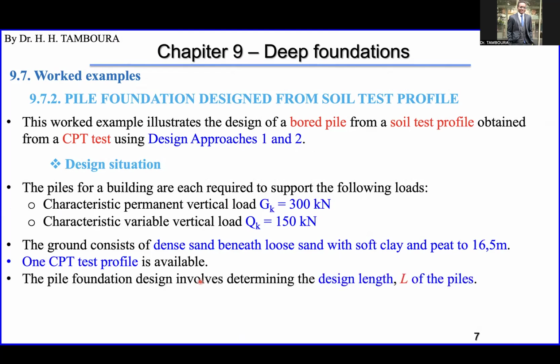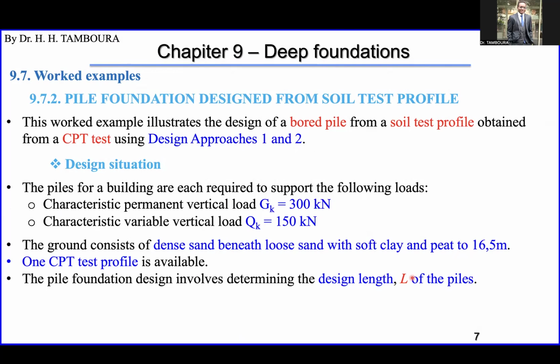So what you are going to do is to find the design length of the pile, L. Okay. How long should your pile be to be enough? Then you have to impose a section, a diameter, for example. You can do it reversely, okay?